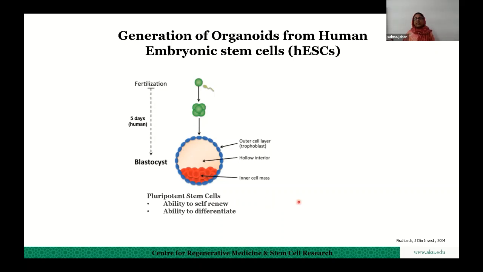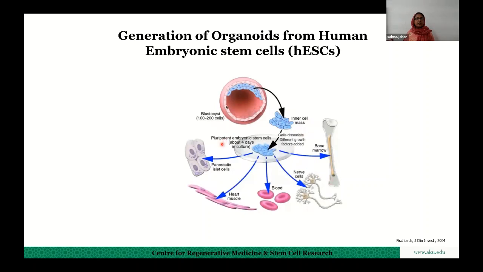So how are these pluripotent stem cells utilized for modeling? These pluripotent stem cells have the ability to self-renew without limit, and they have the ability to differentiate into multiple tissue types.